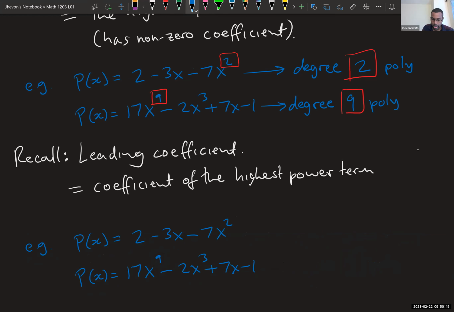So in this scenario, leading coefficient is -7, right? That is the coefficient of the term with the highest power. And I wanted to emphasize that you would take the minus with it, right? So -7, you need to bring the negative. It's not just the 7. In this guy, that's the guy. So this is the leading coefficient here.